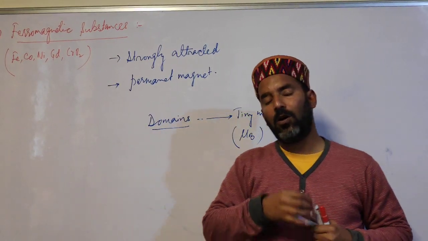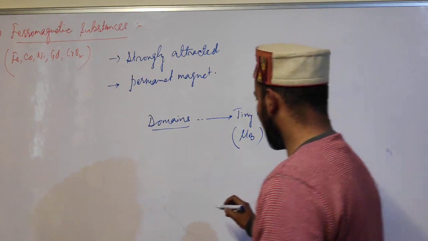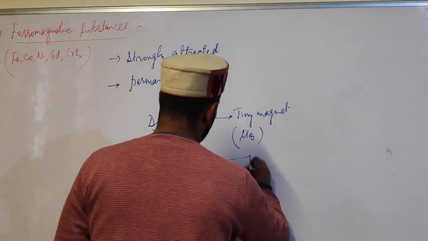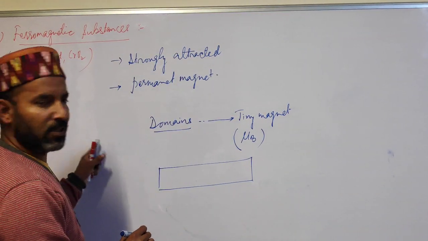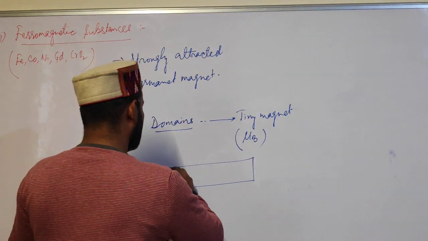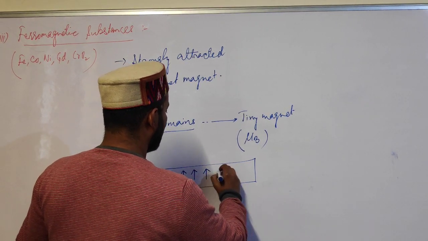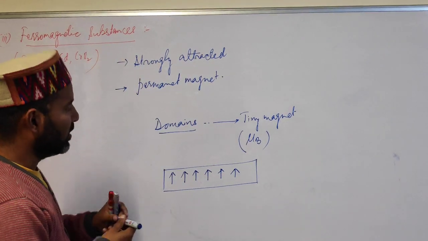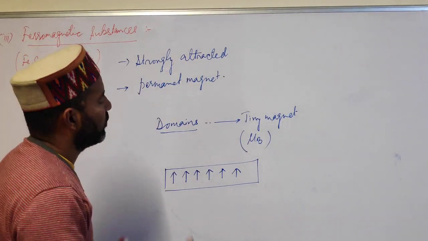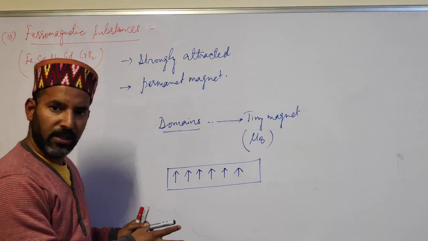That means they get oriented in the same direction. Say if we have 6 domains, and we place such material in a magnetic field, the magnetic moments get oriented in the same direction. As a result, these substances have a very high net magnetic moment.